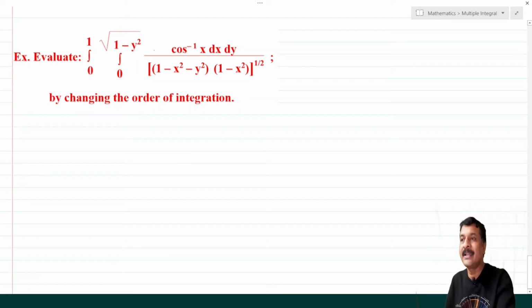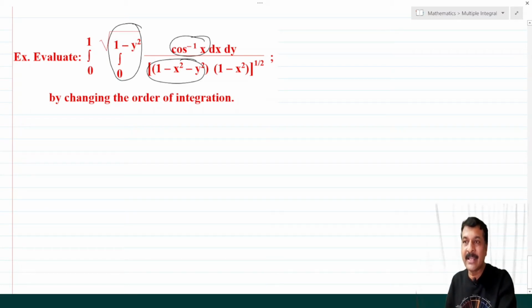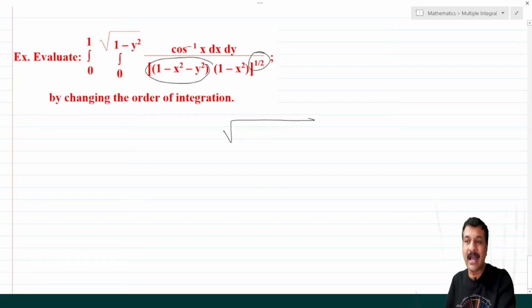Let's see here. The inner integral contains y, meaning we have to integrate with respect to x. How many x are there? Cos inverse x, here x and here x. But if we compare y, how many y? Here only one term of y, and here also it is under root, because this half raised to half means under root, and here I am getting 1 minus y square.